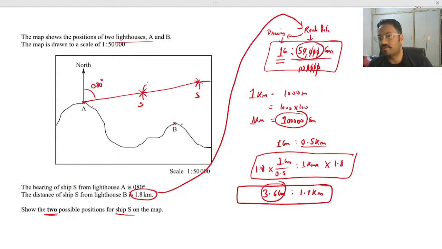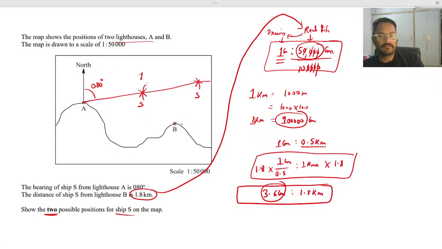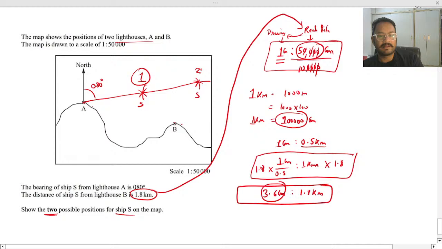I will try next time to arrange the protractor or the compass online so that it will be easy for you to understand. Okay, Purunji is saying to make an arc by stretching the compass from point B. Yes, exactly correct. You can stretch your compass to 3.6 centimeter, and then you can cut two arcs, and these are the two positions of ship S. So this is position 1 of ship S and this is position 2. So there can be two possible answers.